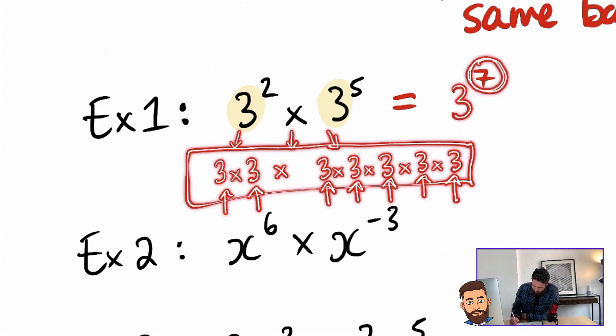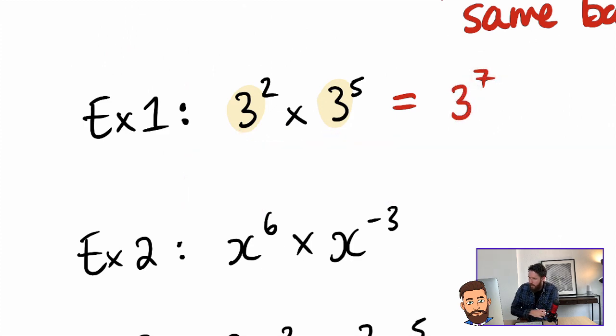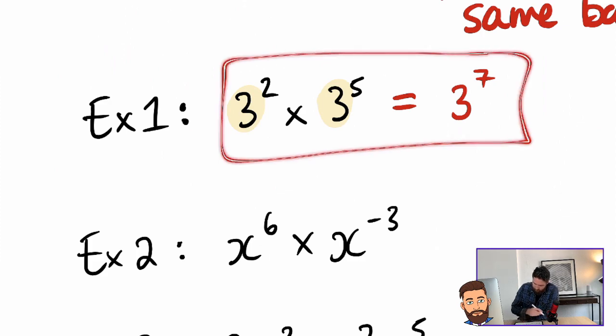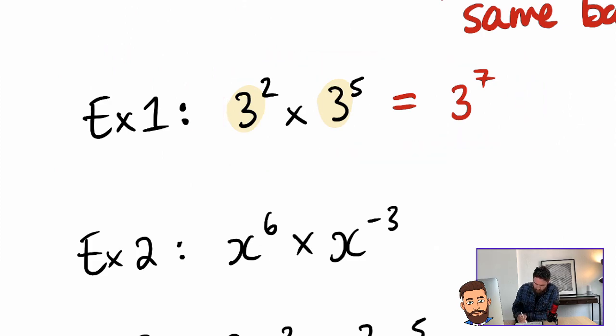I've got 3 to the power 7. And we know 3 to the power 7 means 3 times itself 7 times. So that is why you can add the powers. It is not magic. It is based on logic. But all you need to know is if you've got the same base, and again, it only works if you've got the same base, and you times, you add the powers.